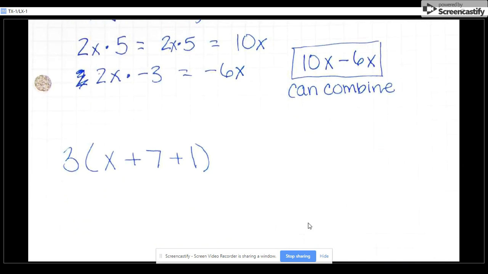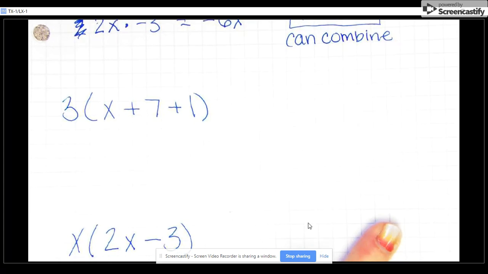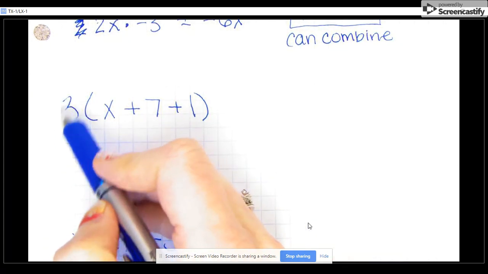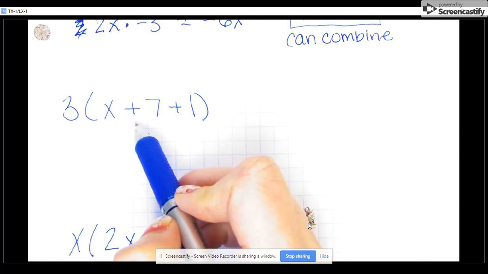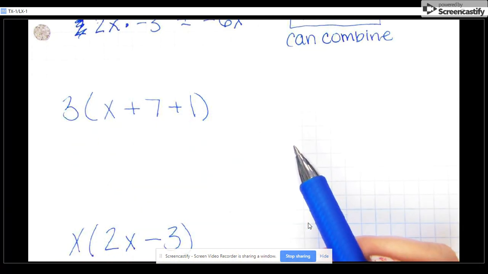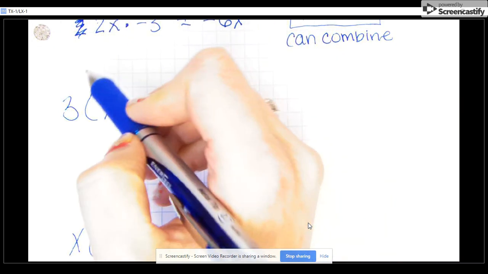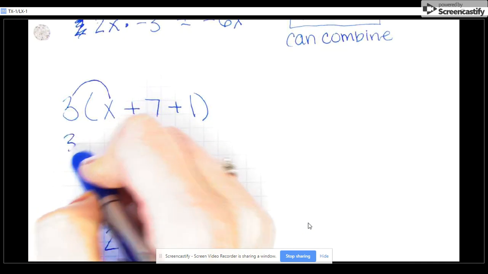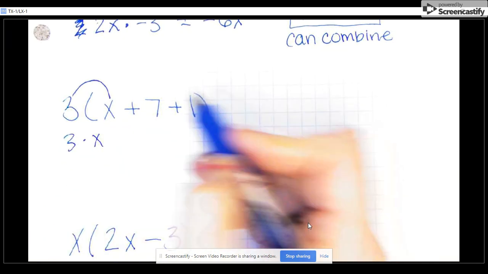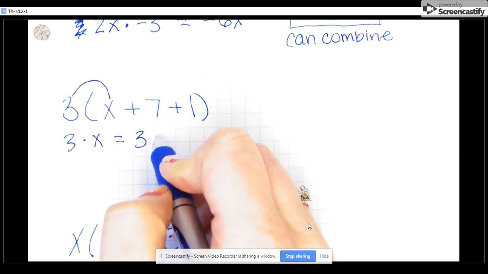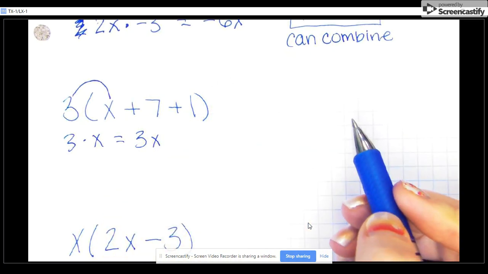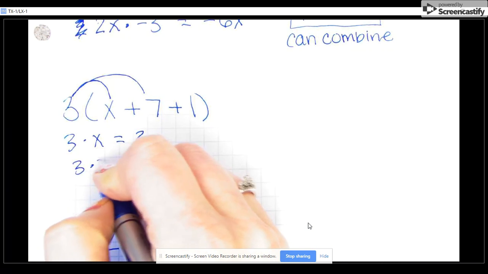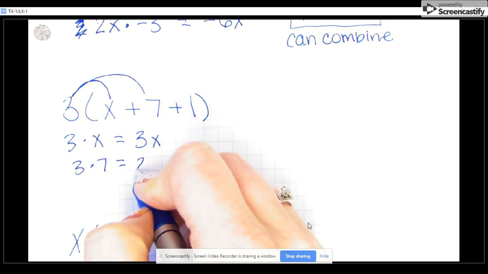Continuing on, I'll just do two quick examples. This one, I have a 3 in front of the parentheses and have an x plus 7 plus 1. So I am going to do 3 times x, which I should know by now is going to be 3x. 3 times 7, which I know is 21.